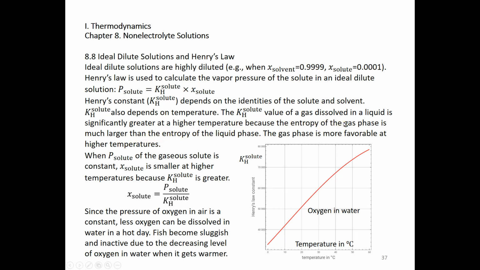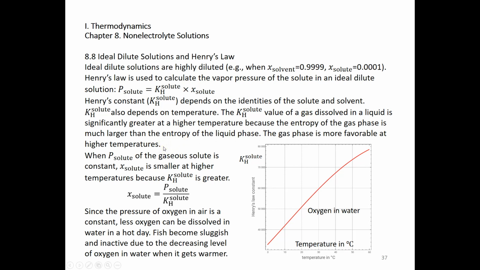And remember, dG is negative S dT plus V dP. So the gas phase is more favorable with lower molar Gibbs energy at higher temperatures than the liquid phase. All right, at higher temperature the gas phase is more favored, and it's hard to dissolve the gas in a liquid.